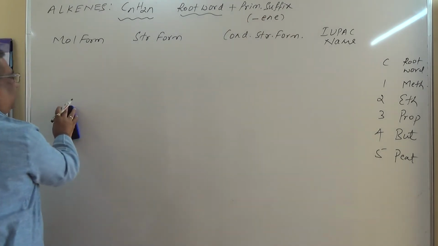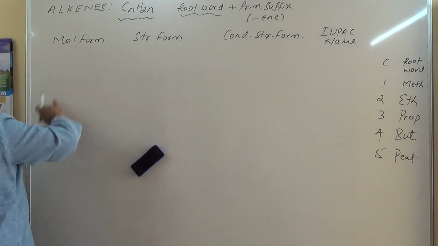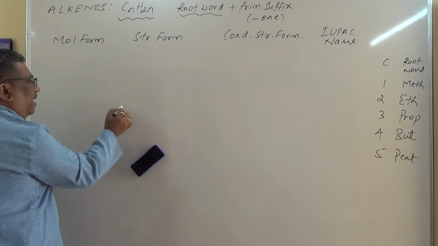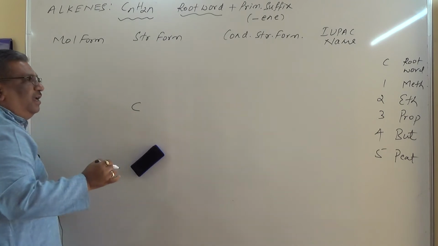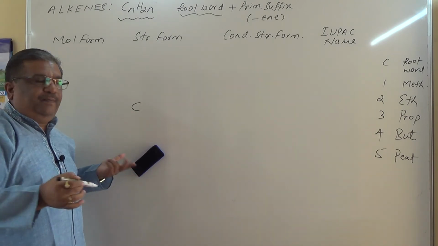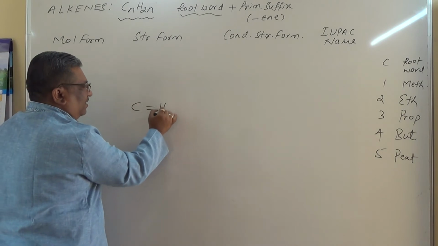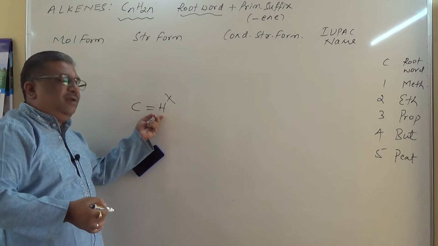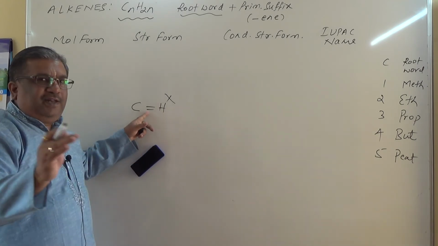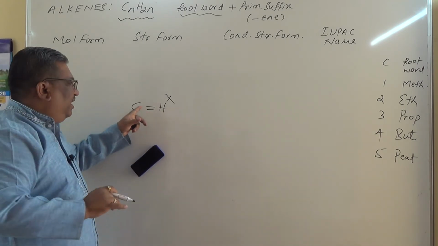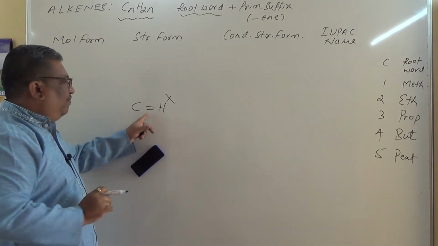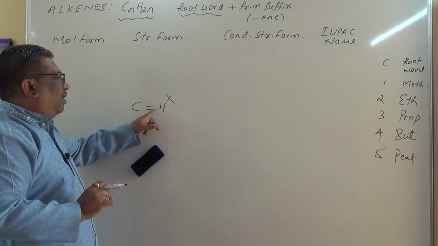So let us start. First one, n equals 1, it is not possible. How will you form a double bond in a single carbon atom? You cannot represent it like this. Why is it not possible? This bond is not just a simple straight line; each bond represents one pair of electrons. Even though carbon has some electrons, what about hydrogen?